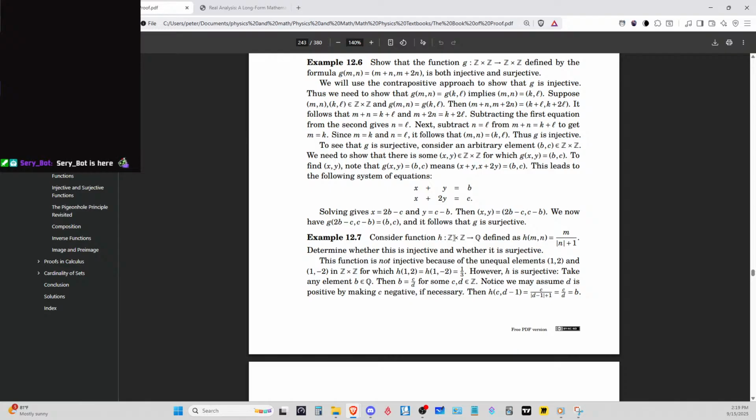Consider the function h, from the Cartesian product of the integers to the rational numbers. So we have a function here. Determine whether this is injective and whether it is surjective. This function is not injective because of the unequal elements (1, 2) and (1, -2).